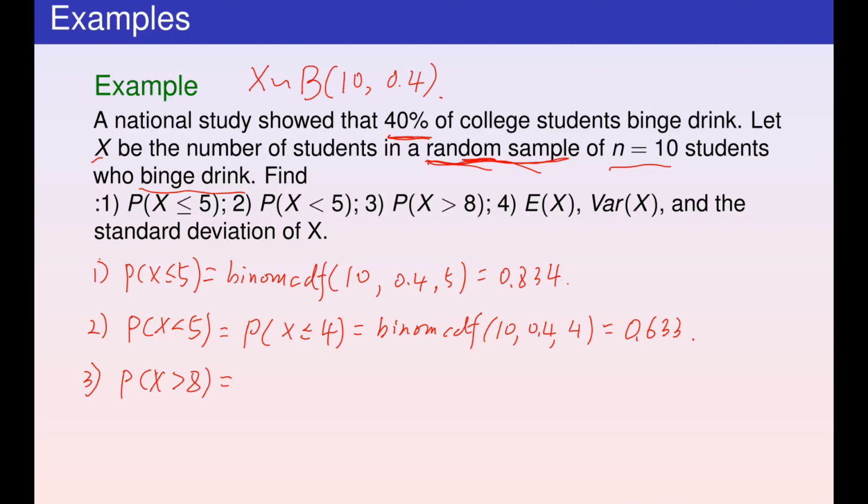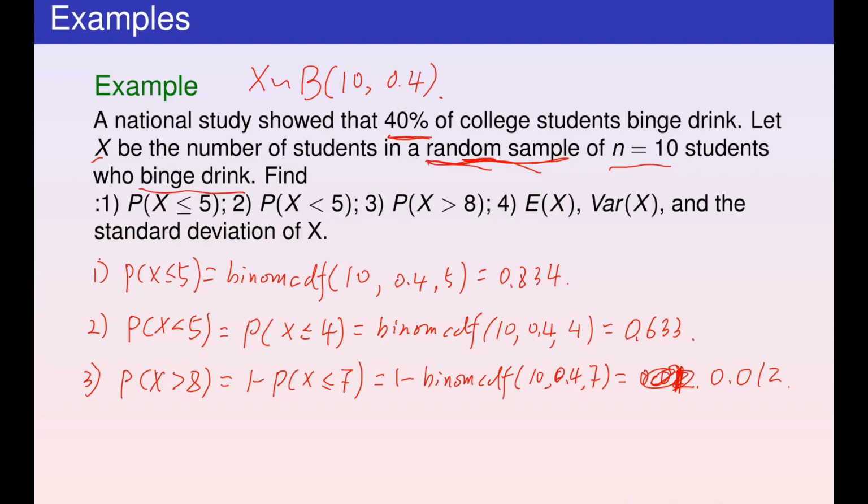Greater than 8 is the complement of less than or equal to 8.